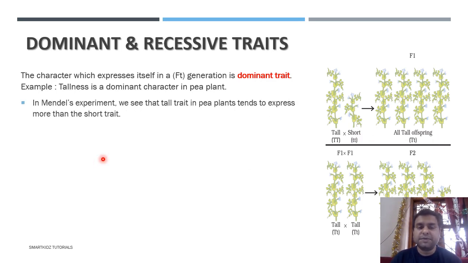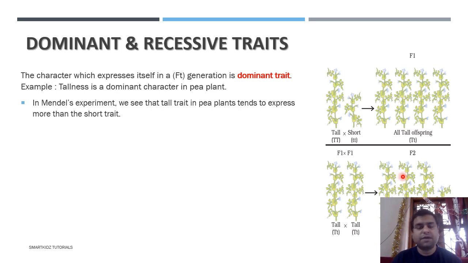In Mendel's experiment, we see that the tall trait in pea plants tends to express more than the short trait, which is shown over here, wherein you have 75%, that is, out of 4, 3 of them are tall plants, whereas just one of them is a short plant.